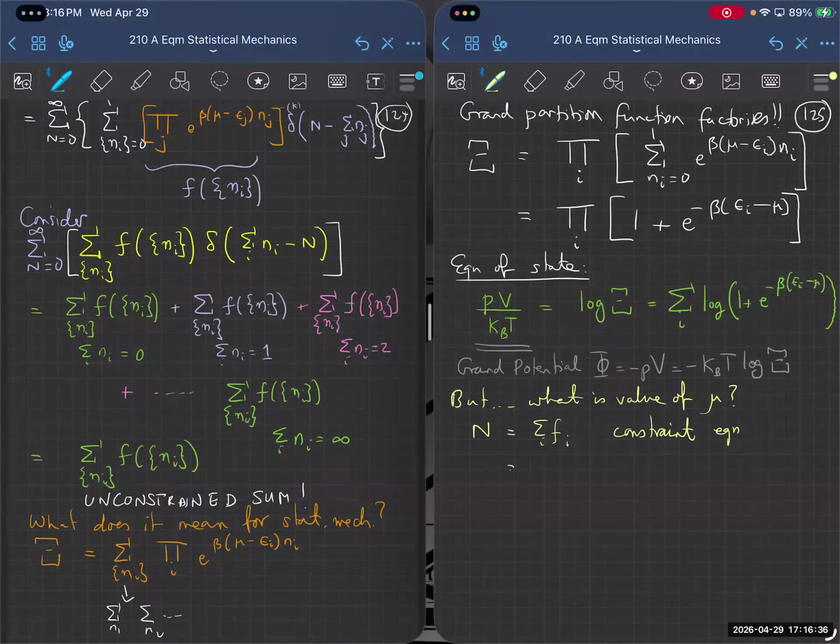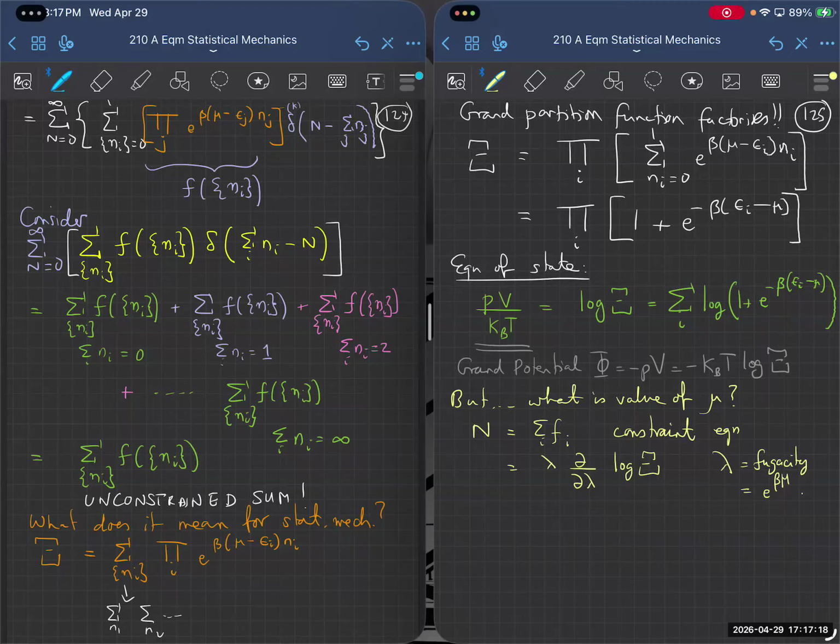And I also showed you before that that is equal to lambda times d by d lambda of the logarithm of the grand partition function, where lambda was the fugacity, which is just e to the beta mu. So this equation determines mu, and once I know mu, I can plug it into the equation of state and solve the two things together.